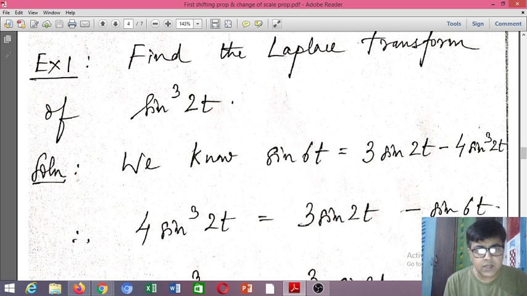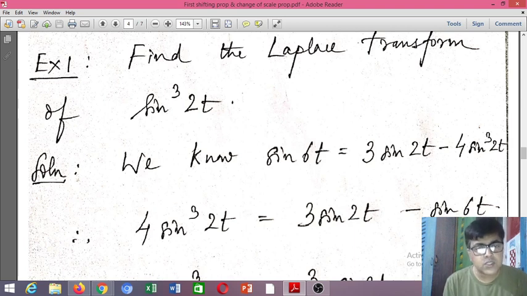From trigonometry, there is a formula: sine 3 theta is equal to 3 sine theta minus 4 sine cube theta. Since the angle is 2t here, it will be sine of 3 into 2t, which is sine 6t. So sine 6t is 3 sine 2t minus 4 sine cube 2t.